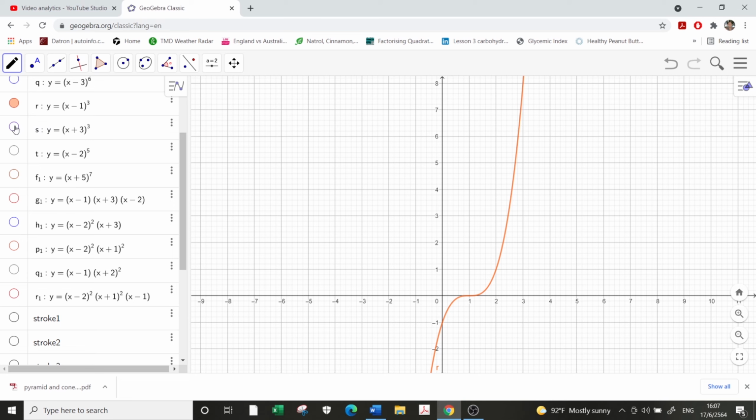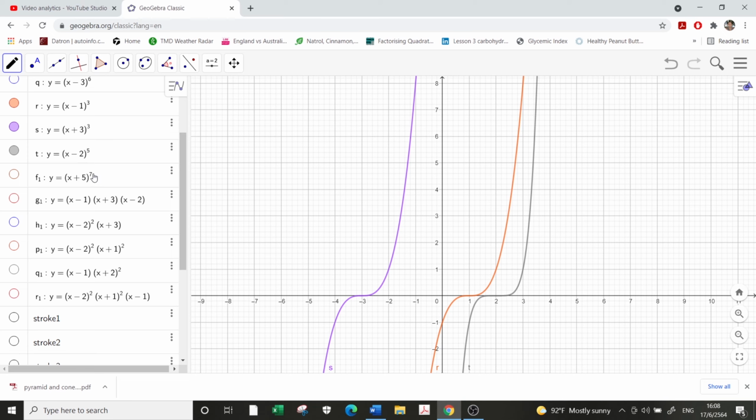Let's look at the next one. So x plus 3 cubed, we have a repeated root at minus 3 here. And because we have an odd power, again, the graph is cutting the x-axis. Now we have power 5, which is an odd power. And the same way, the graph will cut at the x-intercept, which is 2, and pass through the x-axis like that.